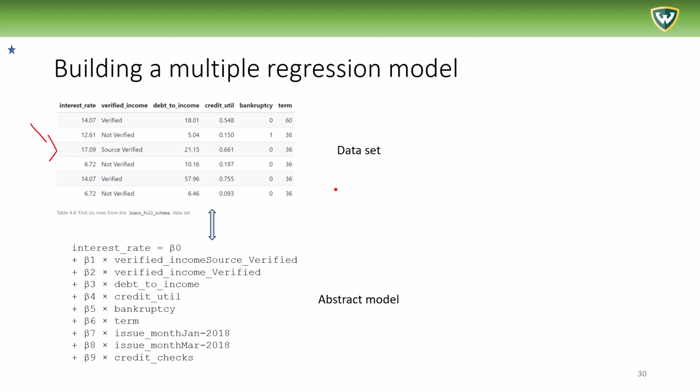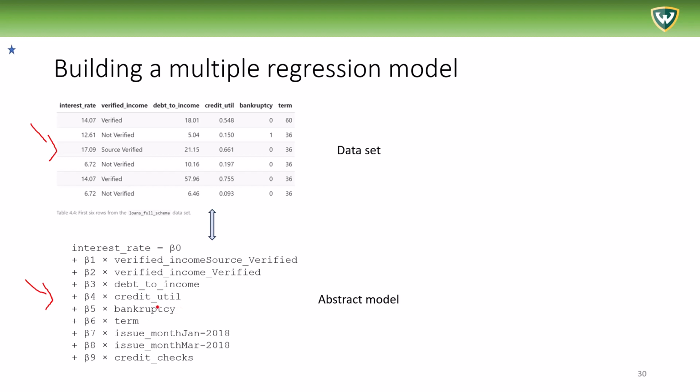And also we need to have a kind of abstract model of the variables that we think are predicting our outcome of interest. So this here is the algebraic configuration or syntax of how we're going to build the model.